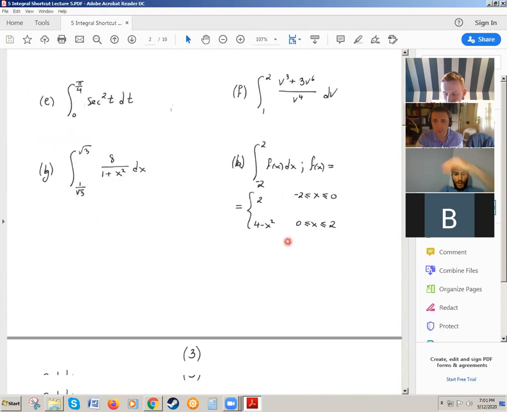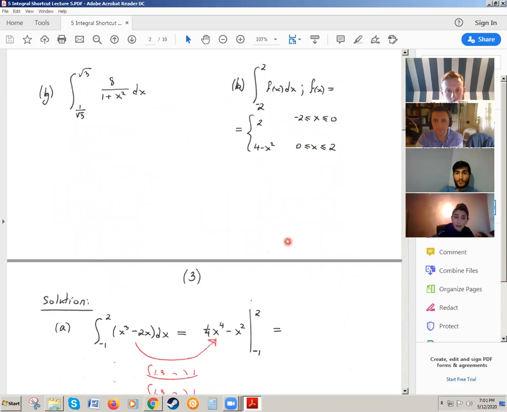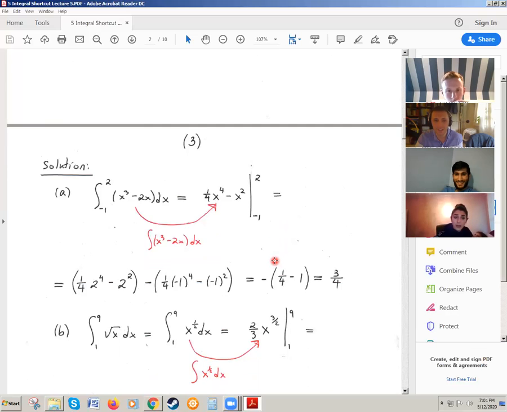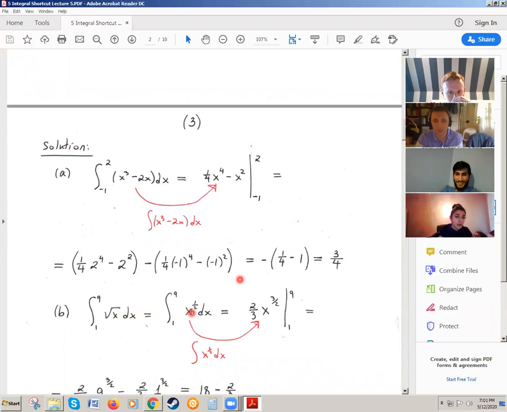So you see root of x, guys. Root of x, we convert to x to the 1/2, yes? And x to the 1/2, when I take the integral, is x to the 3/2.